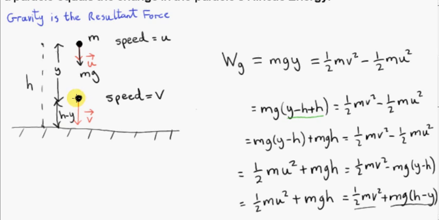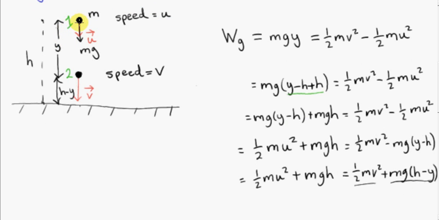So mg times that distance is the work done by gravity on the particle if it falls through this height, or the potential energy of the particle at height h minus y. So that's what this term is. So you can see that these two terms are the sum of the energies of the particle when it's at this position, the sum of its kinetic and potential energies.